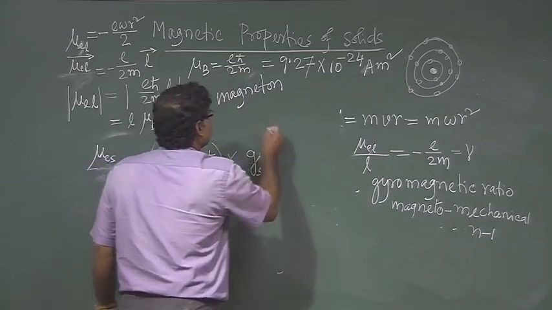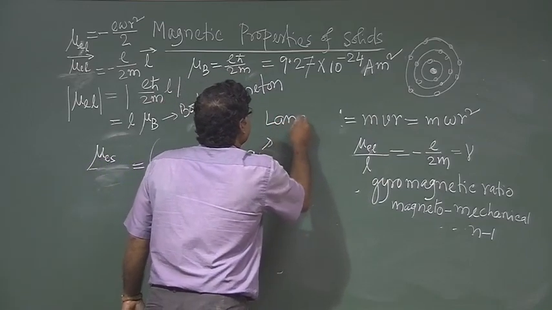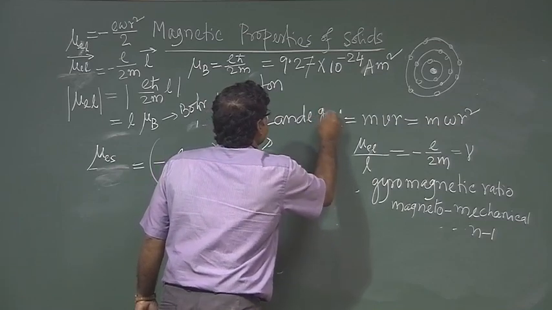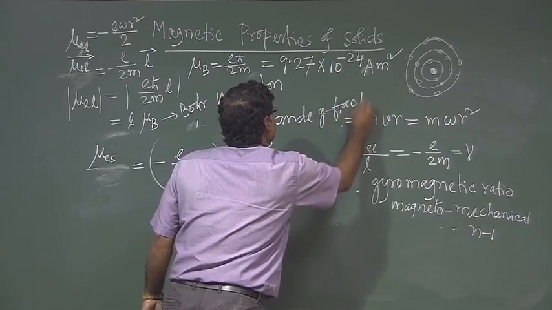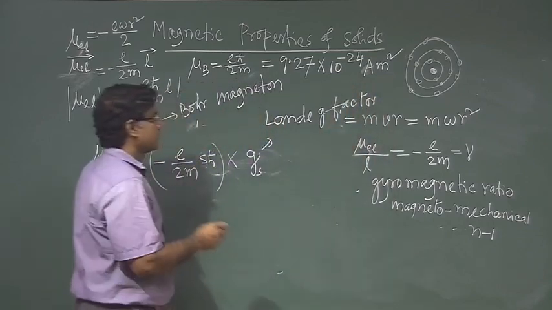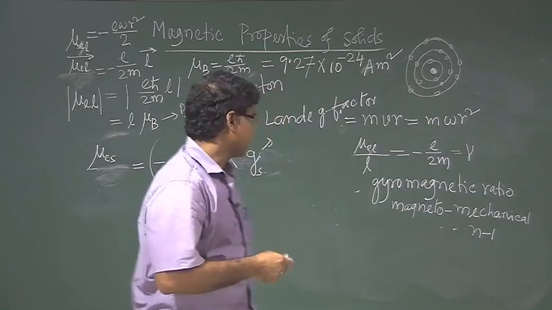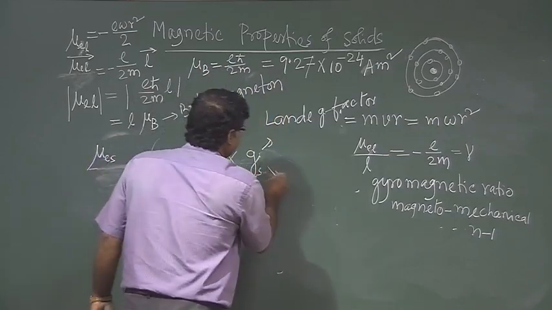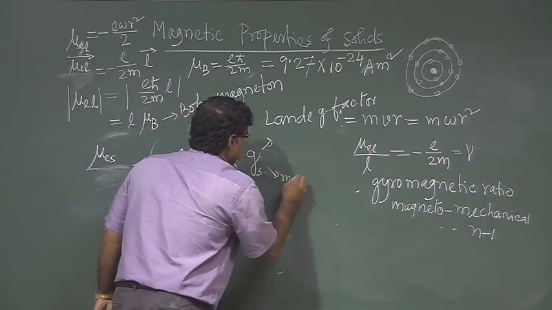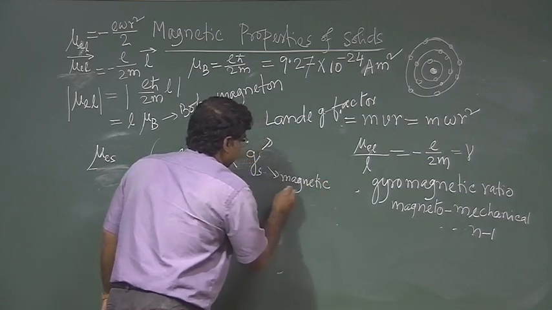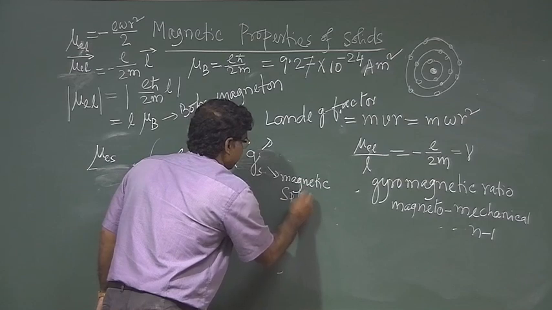The g is called the Landé g-factor, or it is called the splitting factor, or the magnetic splitting factor.